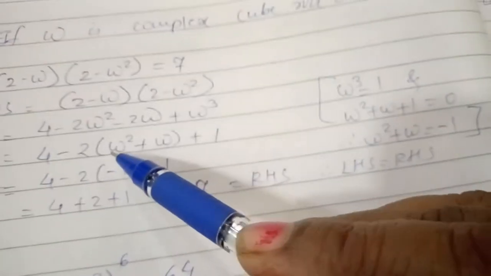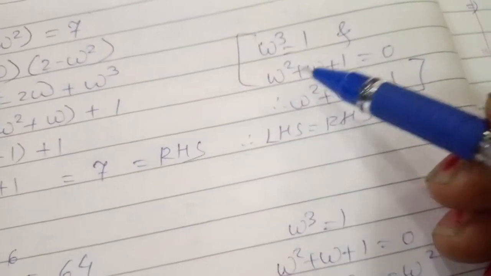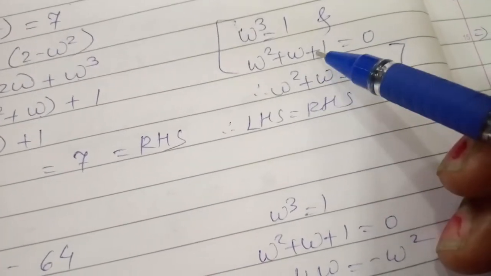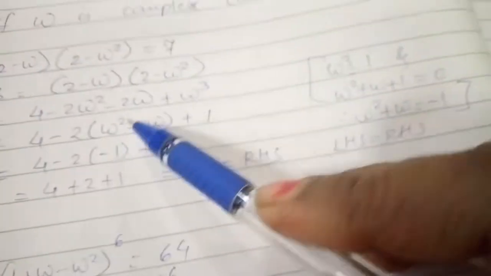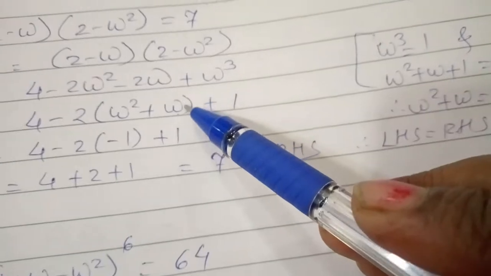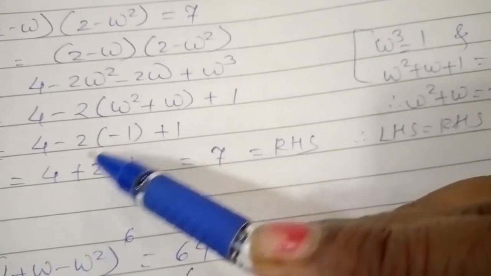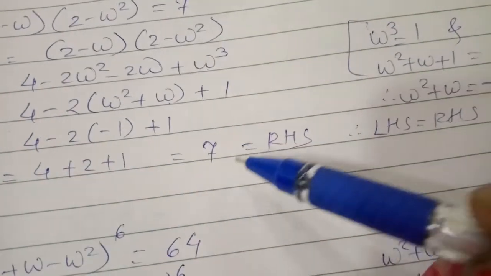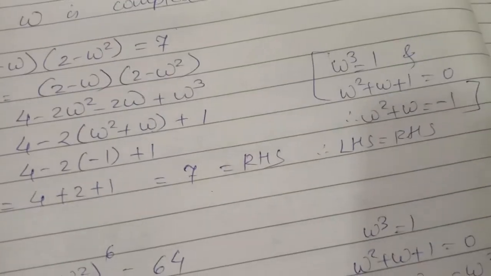Here in this example we have to find out the value of omega square plus omega. So omega square plus omega को हम एक साइड में रखते हैं, so this 1 goes to another side, so we get the value that is -1. तो इसके बदले omega square plus omega के बदले हम लिखते हैं -1 plus 1 as it is. So this minus minus plus 4 plus 2 plus 1, that is 7, and that is nothing but the RHS, and so LHS equals to RHS.